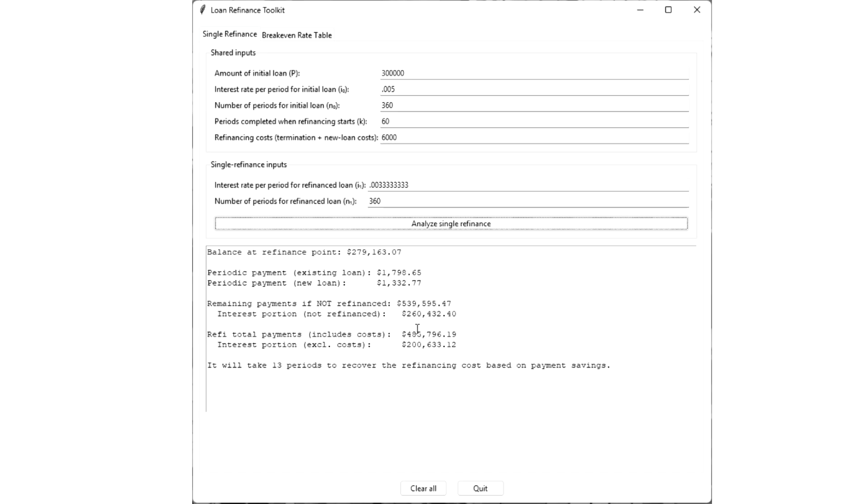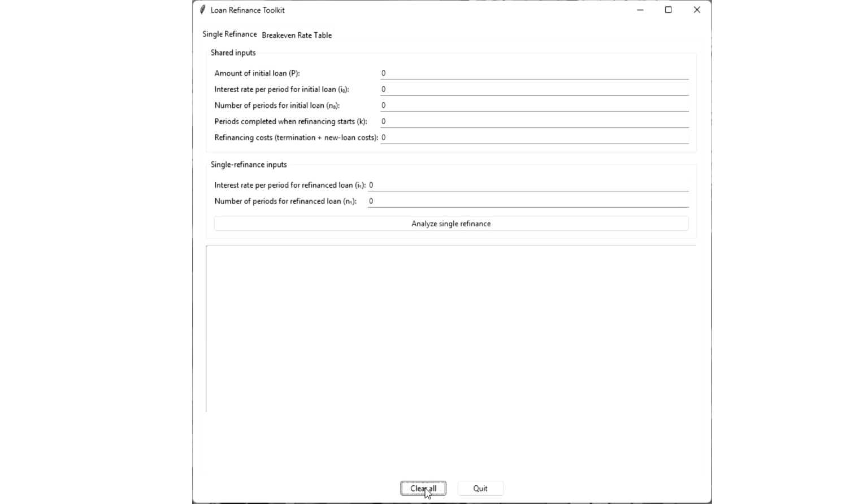So you see it's quite a bit less than if they did not refinance. The interest portion, of course, would also be less. And it'll take 13 periods to recover the $6,000 here. Okay, so that's it. If you wanted to play around with this, you would just clear, then you could put in your own numbers, and then you could do it over several times and experiment with the tool.